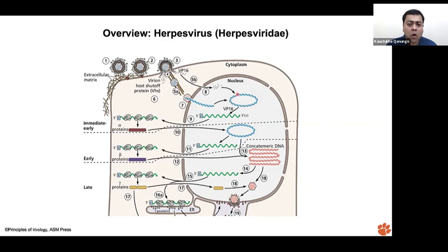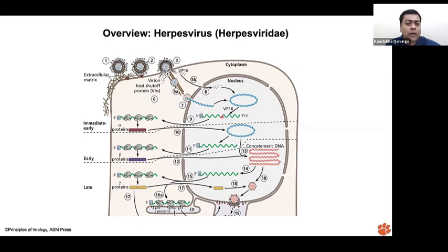On top of this, you will have all your transcription machineries built in, but VP16 is absolutely necessary for this immediate early gene expression. So that's the transcription factor that the virus is actually bringing in. That's the unique thing of the herpes virus.